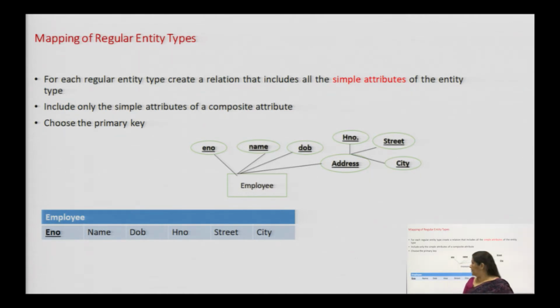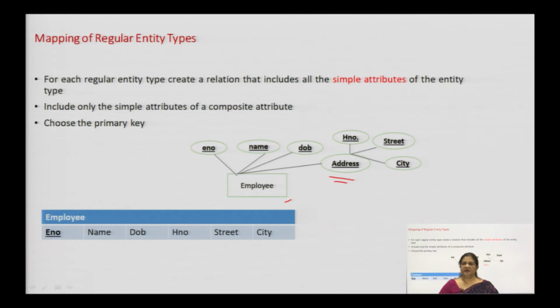In the mapping of the regular entity type, I have shown here the entity type employee with the attributes employee number, name, date of birth and a composite attribute with the simple attributes house number, street and city. If you remember, I had told you a composite attribute is an attribute which can be broken into parts.